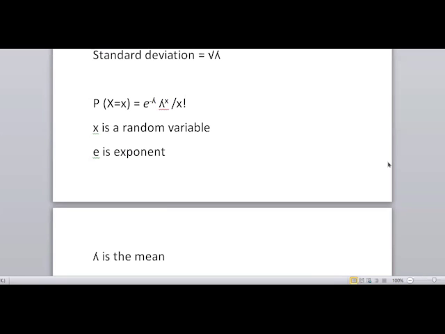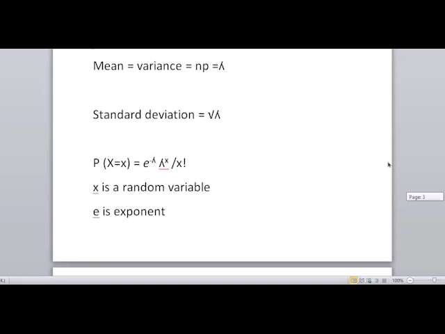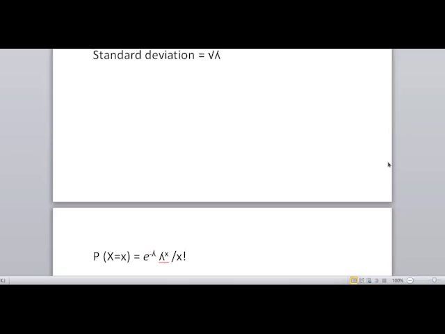Okay. X is a random variable, and this is the factorial. Okay. We are here. Poisson probability. That is the formula you guys know. Okay. In the exam, I will provide this formula. In your test, I'm not going to provide it.